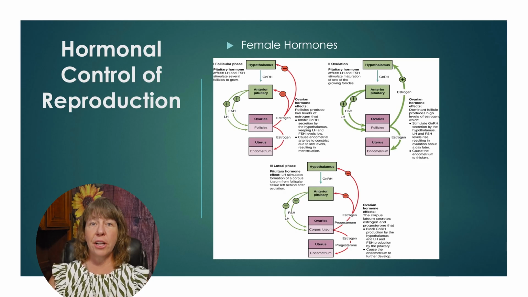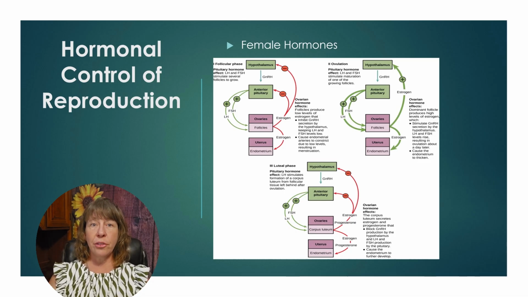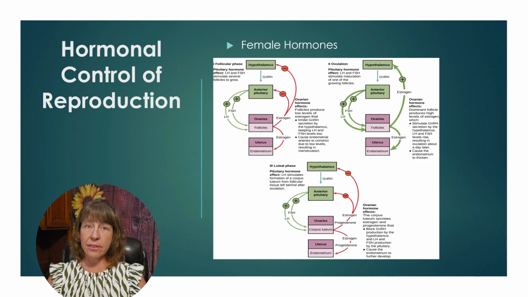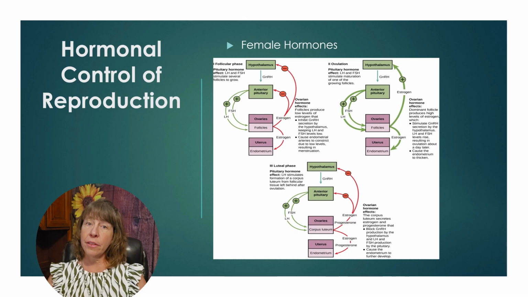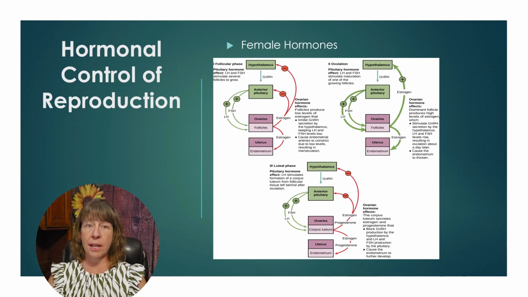The implantation and hormones: after the zygote implants, the blastocyst develops into the uterine lining. Then there's a hormone that's released that maintains the corpus luteum. And this is back on the ovary. After the egg has been released, the corpus luteum develops.